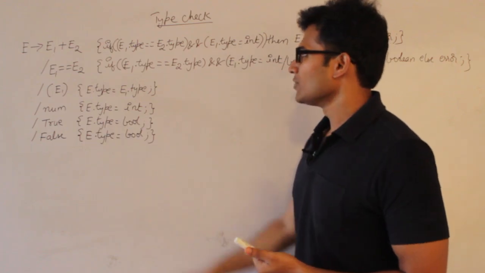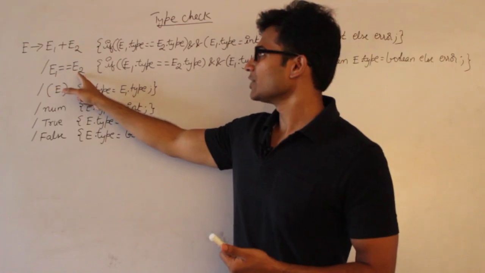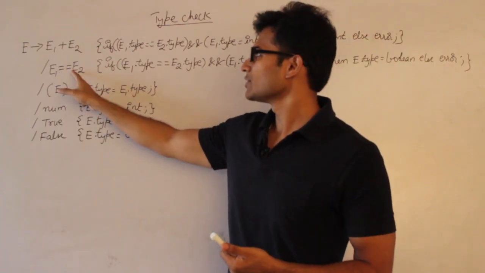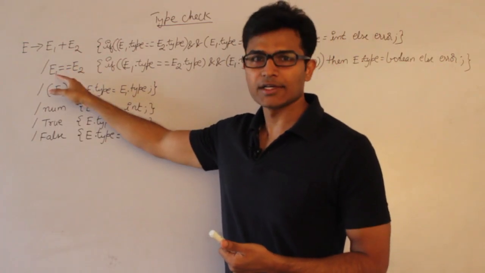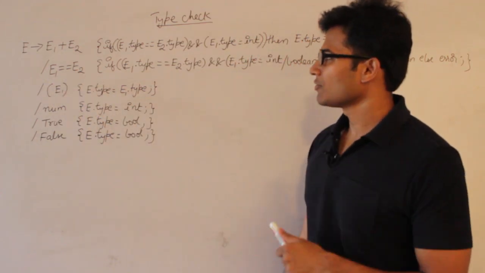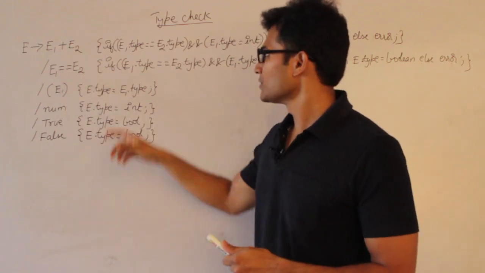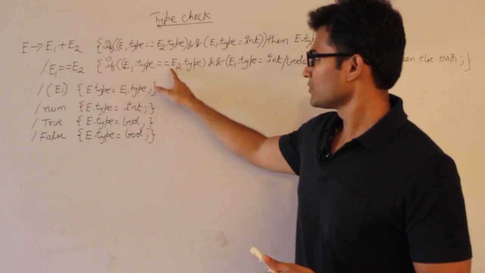If the expression is e1 compared with e2, which means we are checking whether e1 is equal to e2 or not. It is not an assignment, it is a comparison, right? If e1 and e2 are compared, first of all, two expressions can be compared only if they are of the same type, which means both should be of the same type.